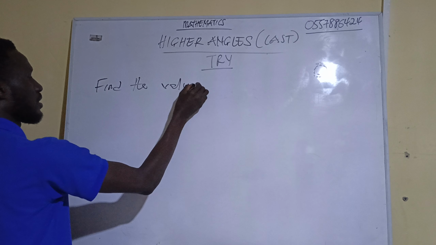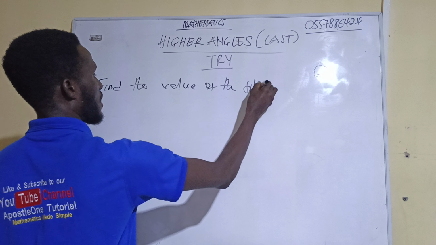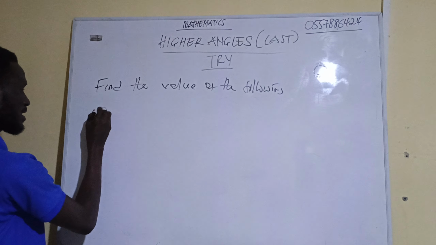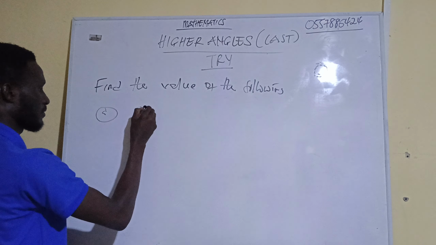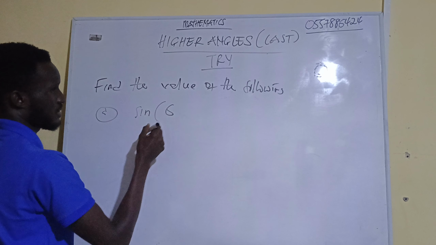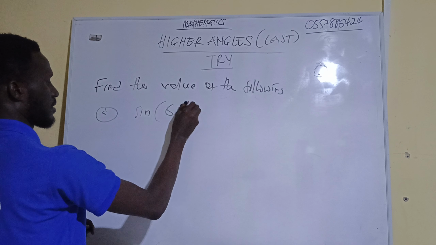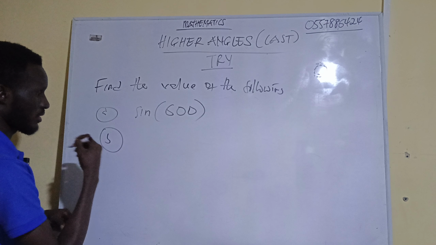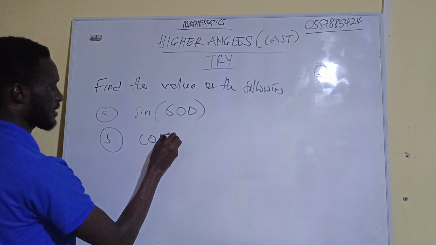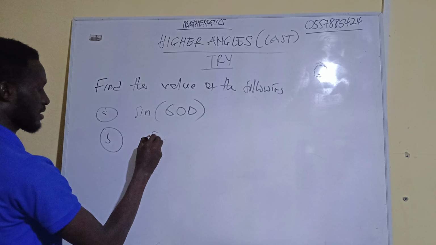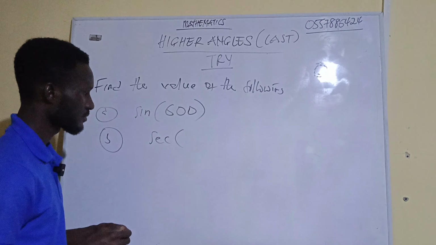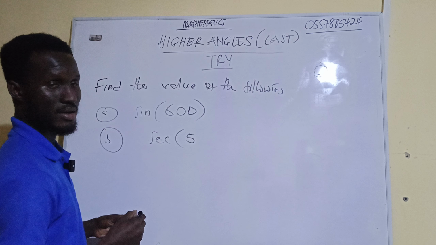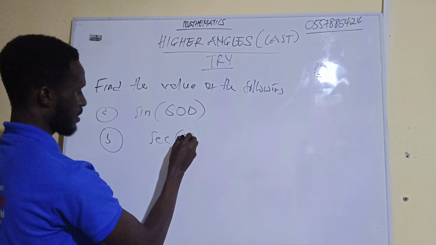Now let me give you some try work. Find the value of the following without using a calculator. A: sine 600. B: sec 880.